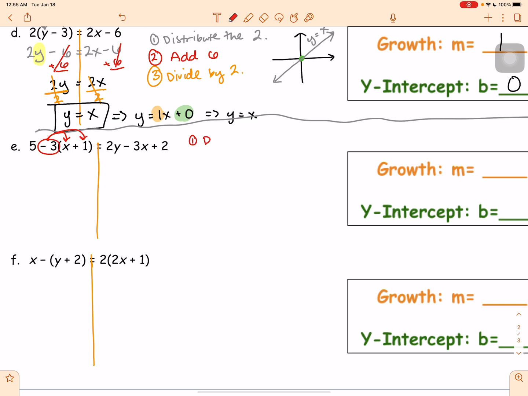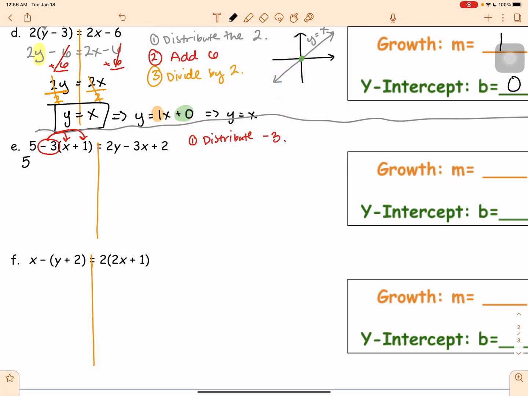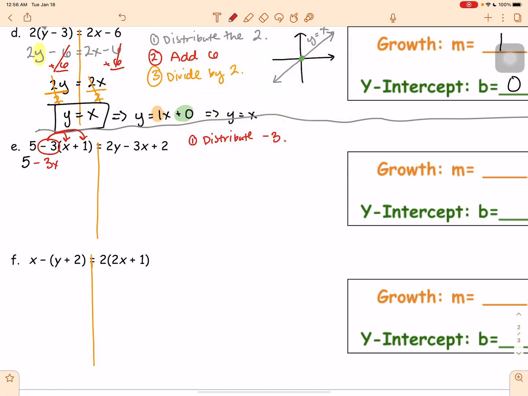So your first step is to distribute negative 3. Some of you might have subtracted the 5, right? That would be fine as long as you only subtracted it from this 2. But I always tend to distribute first. So here we have 5, and then negative 3 times x is negative 3x, and negative 3 times 1 is negative 3.